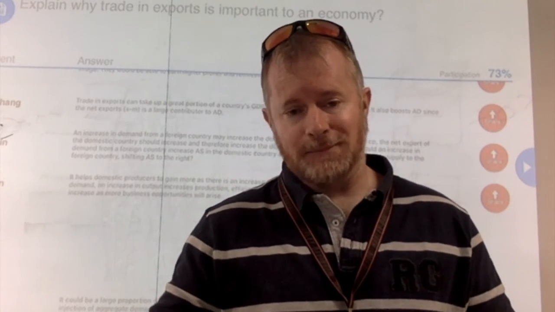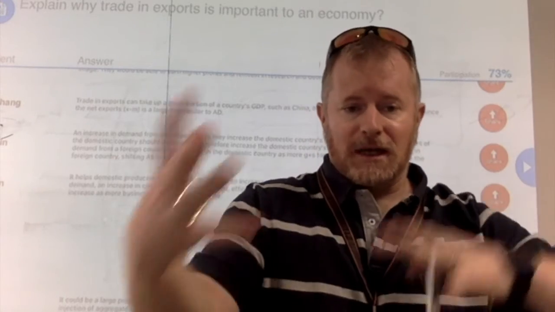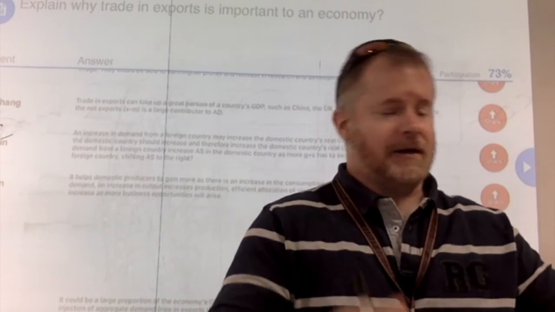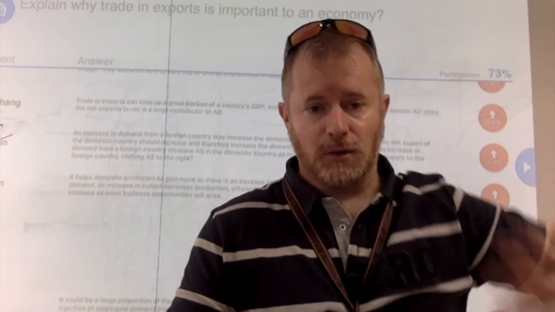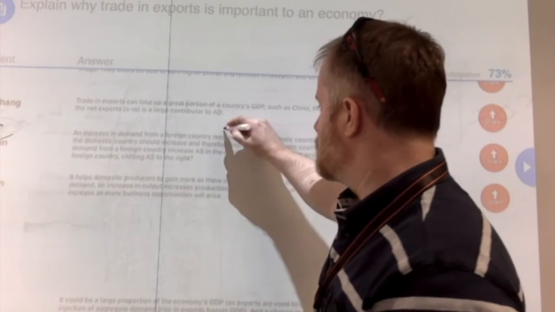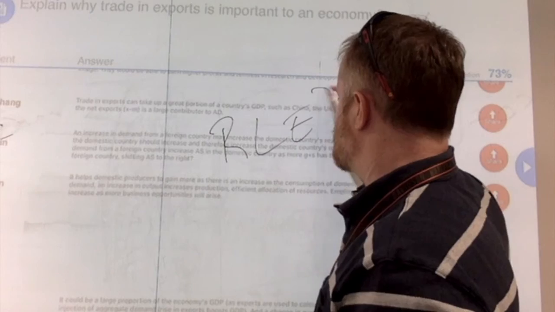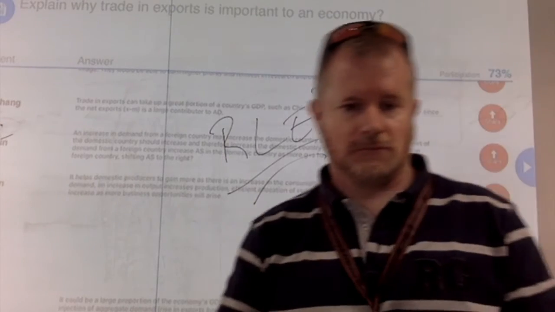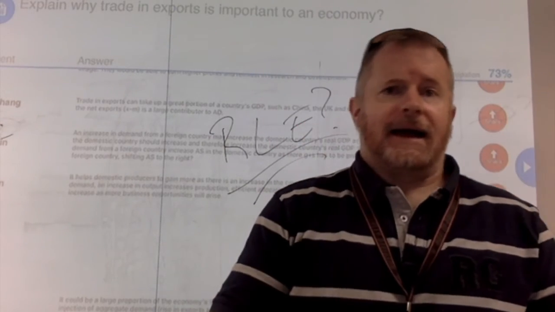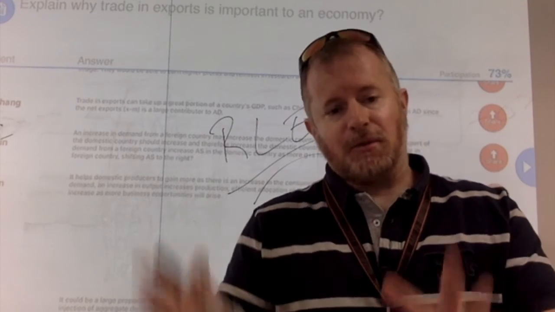So this is: explain why trade and exports is important to an economy. Somewhere within there you would be explaining all of that, and then you'd look up to go, aha, that's what I would do, and of course you would be remembering your real life examples. You would have those pre-prepared.